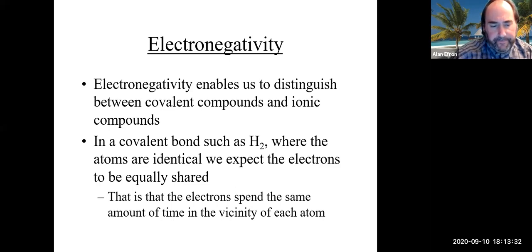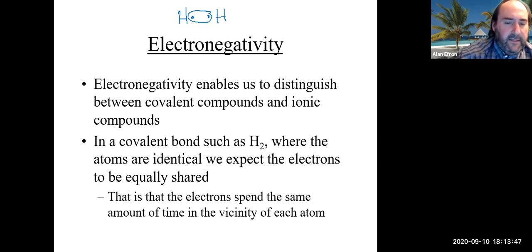So let us take a look at some examples here. Obviously, if we had something like H2, they are both hydrogen. And when they come together to form that bond, we would expect the electrons, if this really bad circle here is the electron density, to be shared relatively equally between those two hydrogens.